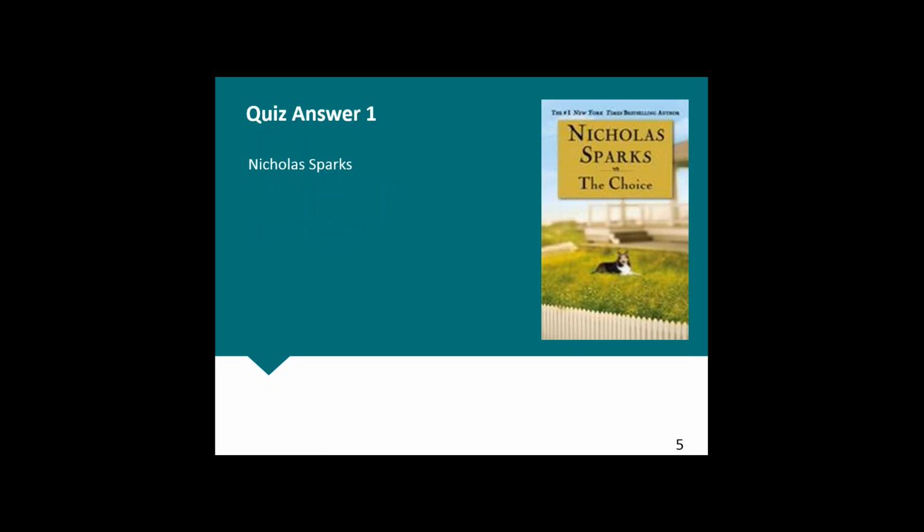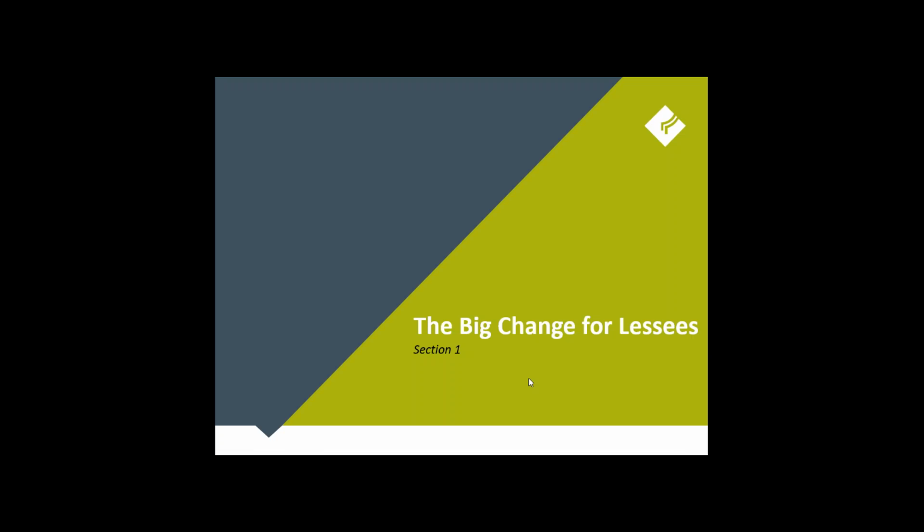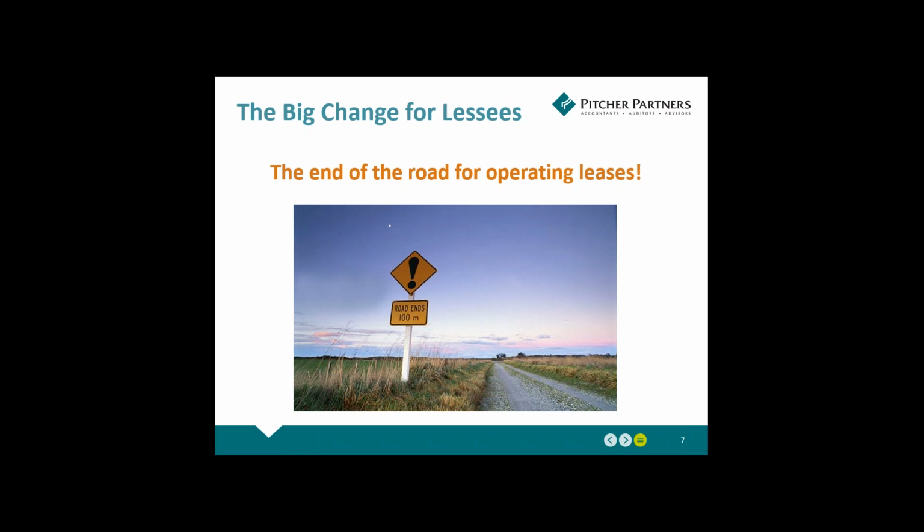So if we look at the big change for lessees, and this is the big news that we're starting with today. First of all, the change is that this really is, for all practical purposes, the end of the road for operating leases as we account for it currently in the records of lessees.